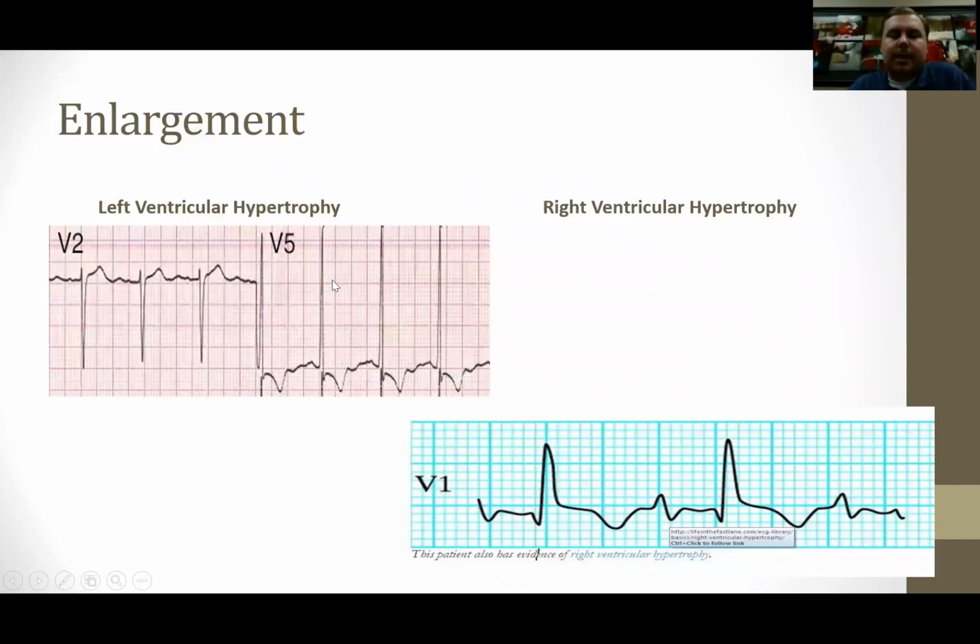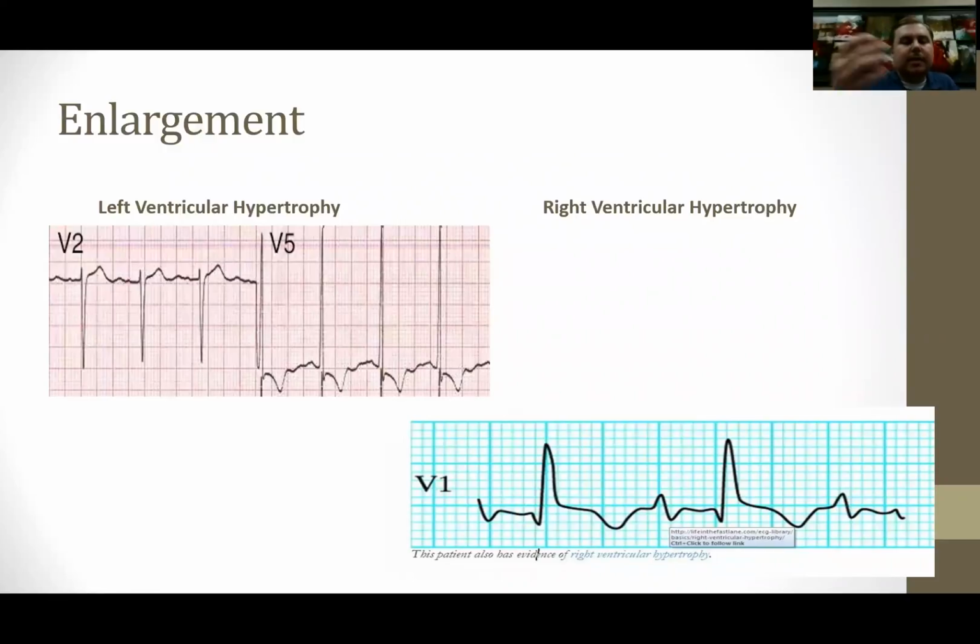Left atrial enlargement by itself doesn't give a lot of information. Most likely it's going to be accompanying LVH, because what's happening with left atrial enlargement and left ventricular hypertrophy is there's some blockage beyond that ventricle or beyond that atria.